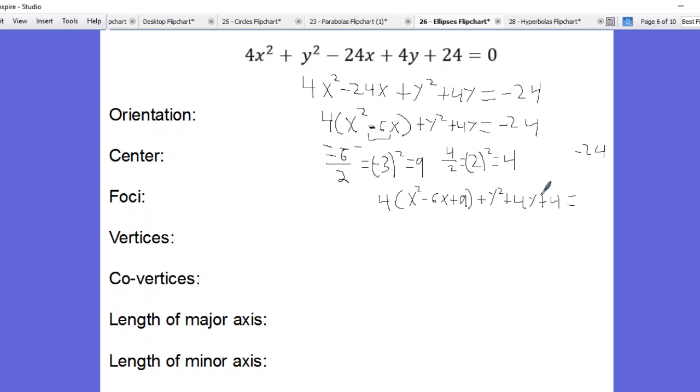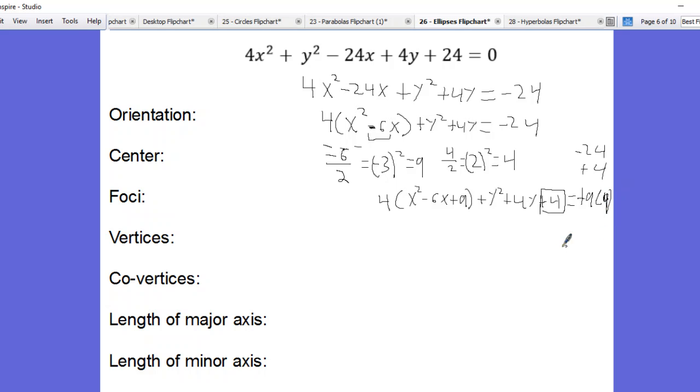So one thing I've added is a 4, so I have to add 4 to each side. And this next step is a little bit tricky. I added a 9 here, but this 9 is being multiplied by a 4. So I've added a 9 times 4 to the left-hand side, so I have to add a 9 times 4 to the right-hand side as well.